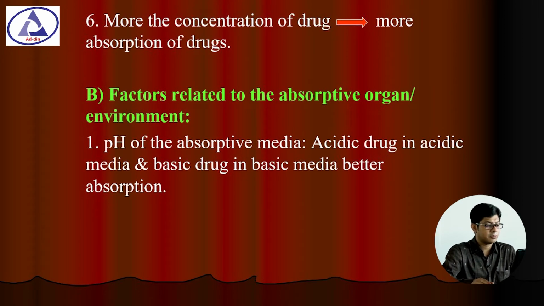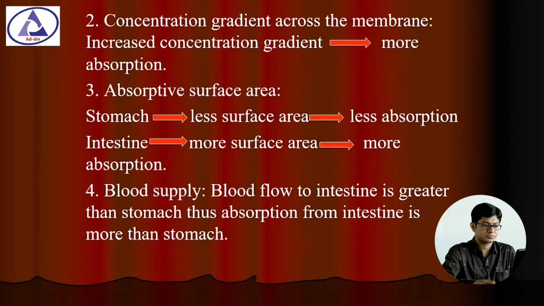Now, come to factor B, factors related to the absorptive organ or environment. Number 1, pH of the absorptive media. Acidic drug in acidic media and basic drug in basic media, better absorption occurs. Number 2, concentration gradient across the membrane. Increased concentration gradient, more absorption of drug.